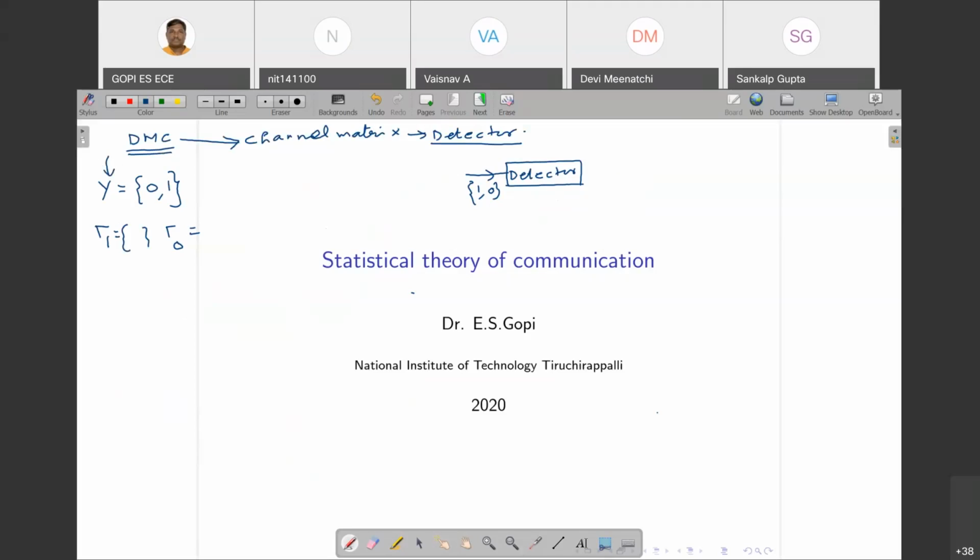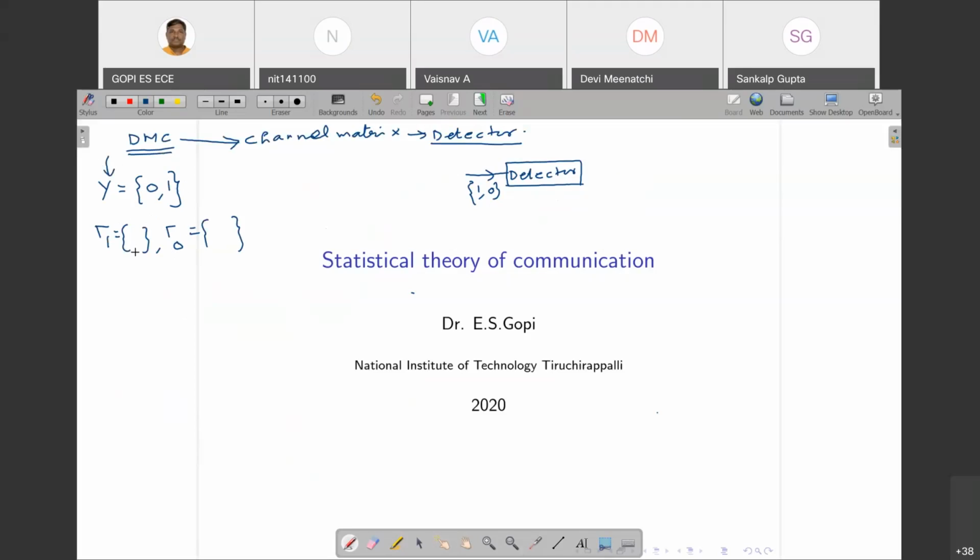Basically, that should be the partition set. It means that the union of these two sets should give the universal set. That is one thing. And they should be disjoint, that is also important.